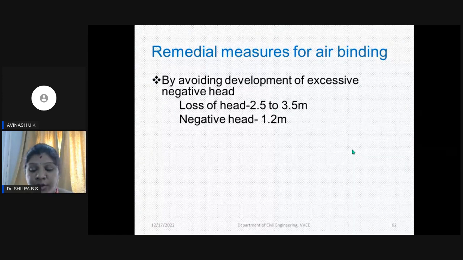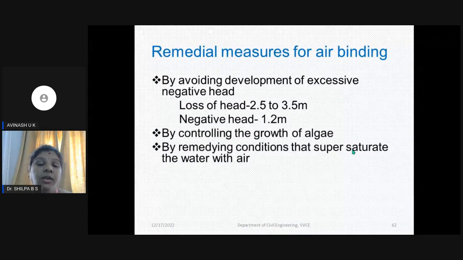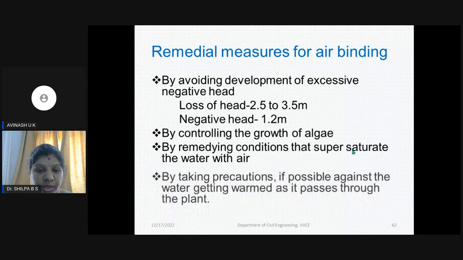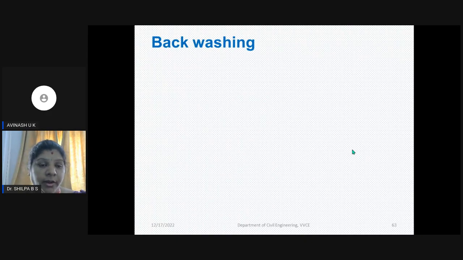The loss of head should be restricted to about 2.5 to 3.5 meters, and negative head to a maximum of about 1.2. We need to control the growth of algae, remedy conditions that supersaturate the water with air, and if possible take precautions against the water getting warmed as it passes through the treatment plant.